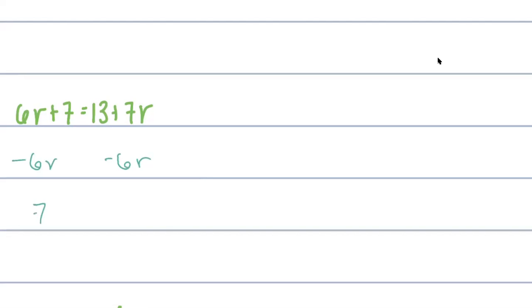Then you end up with 7 equals 13 plus r. You want to get the variable by itself on the right side, so you subtract 7 from both sides, and then you end up getting a negative number: negative 6 equals r. But most of you already got that, so good job.